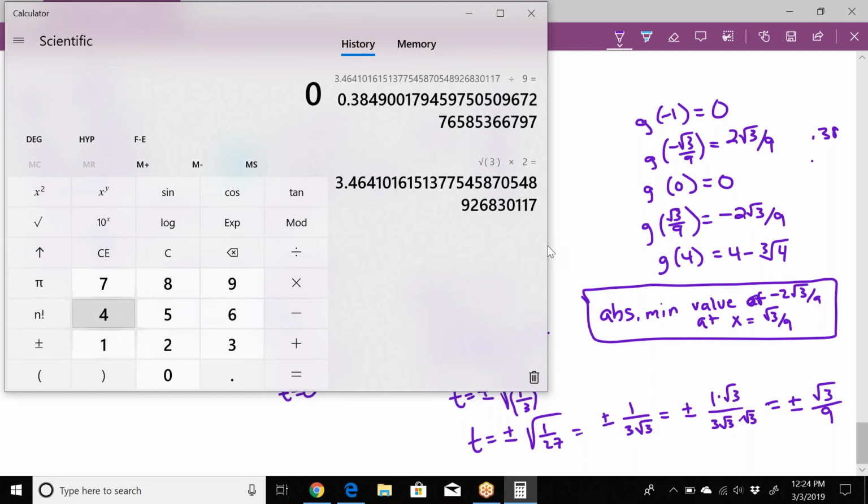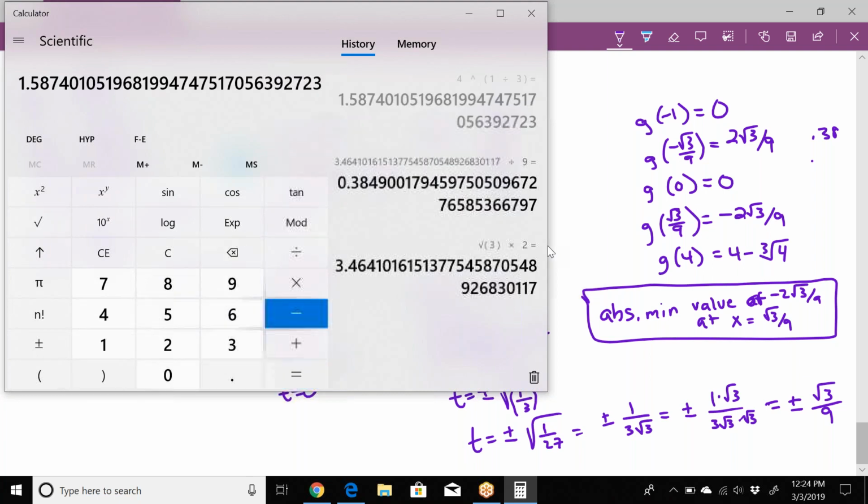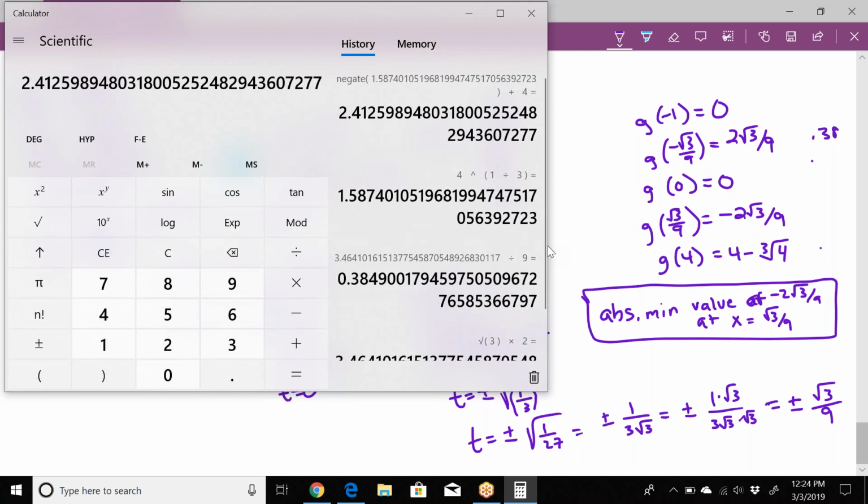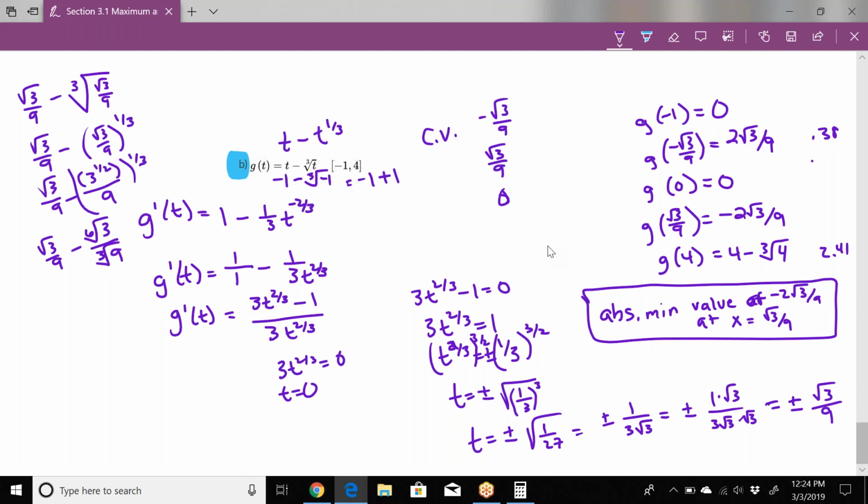I'm going to do 4 to the 1/3 power, since that's easier on this calculator. So that's cubed root of 4. We need to make that negative since it's negative cubed root of 4, and then add 4 to that. So notice that's 2.41. So this is definitely the largest one.